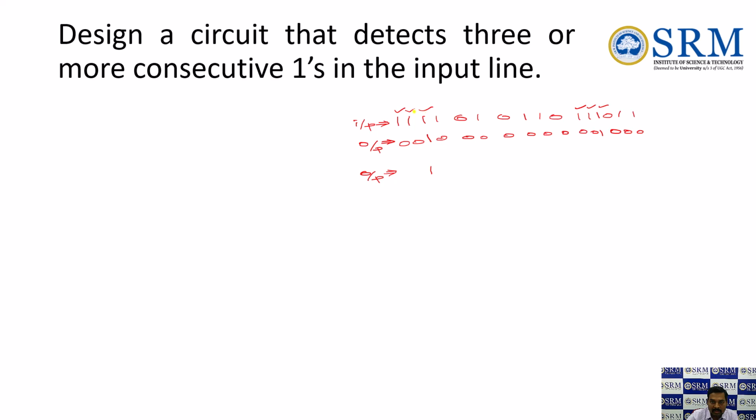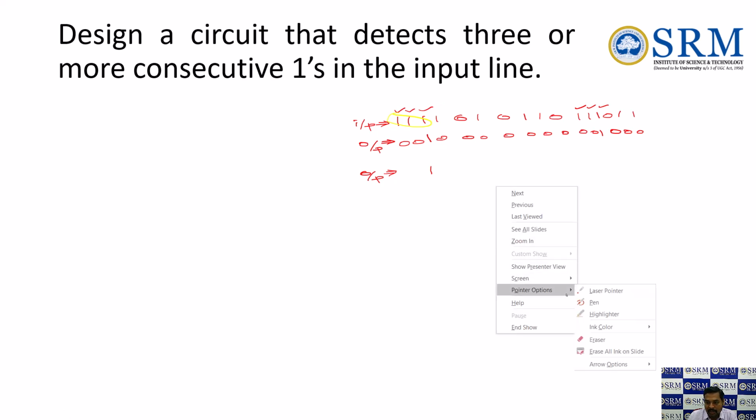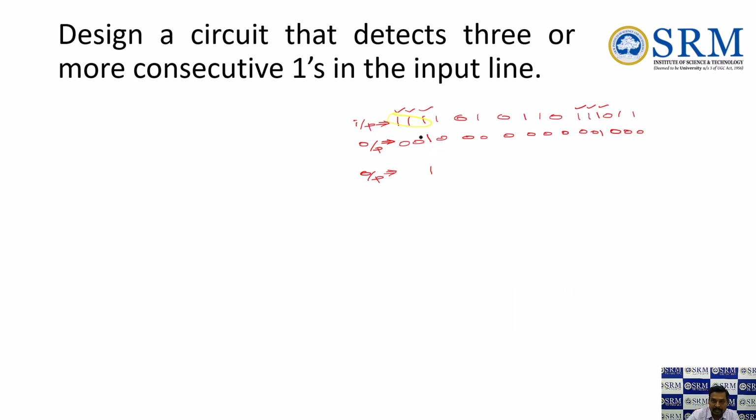So here this will be one set, right? So we'll get the output as 1. Then I'm going for another color, that is, if you look, this is also three consecutive ones, right? Here it is possible to get the output 1. This is for an overlapping sequence detector.